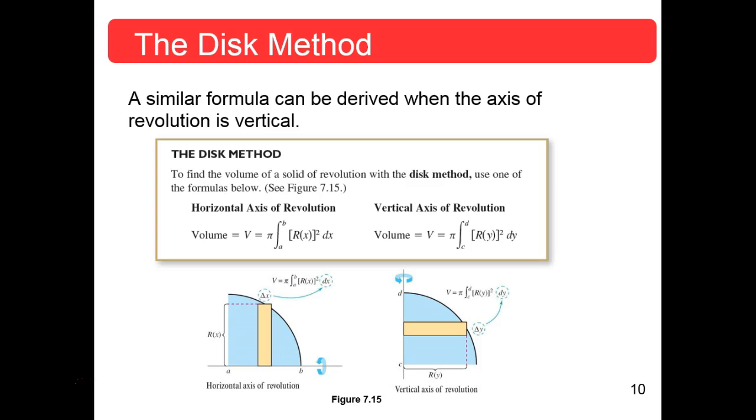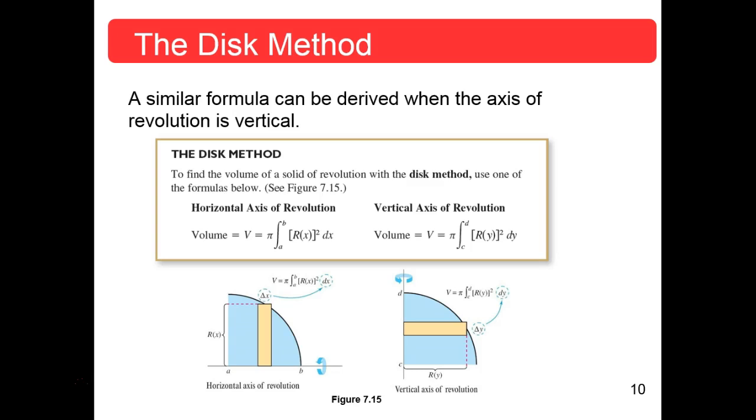Pi r squared is still going to be the area of the face of that disk. And the limits have to be in y too, so these are going from y equal to c to y equal to d. Exactly the same formula, except you're substituting y's rather than x's.